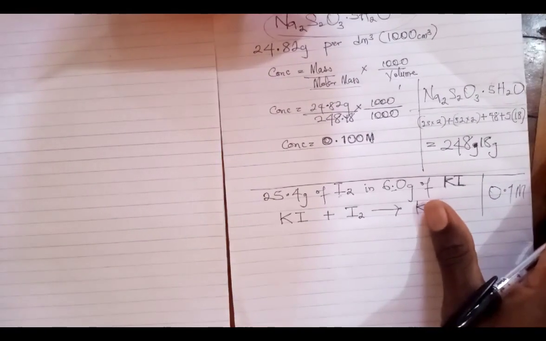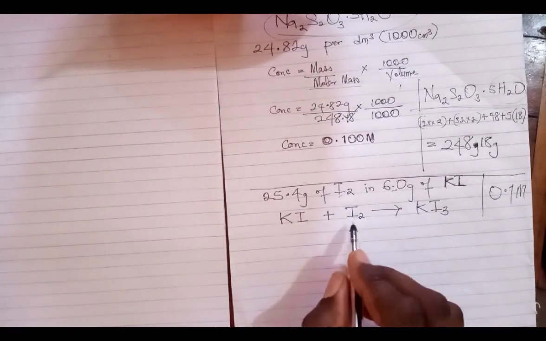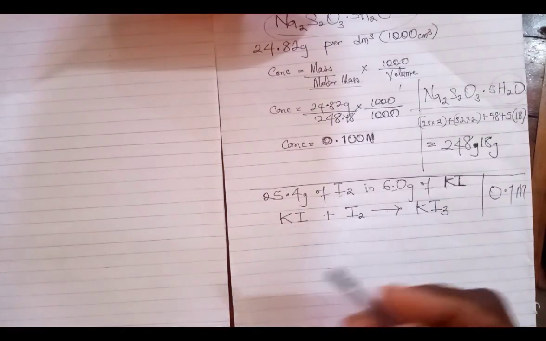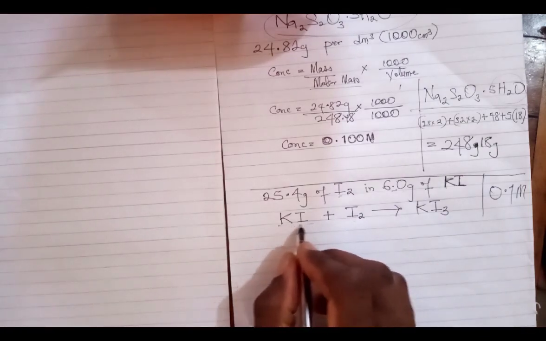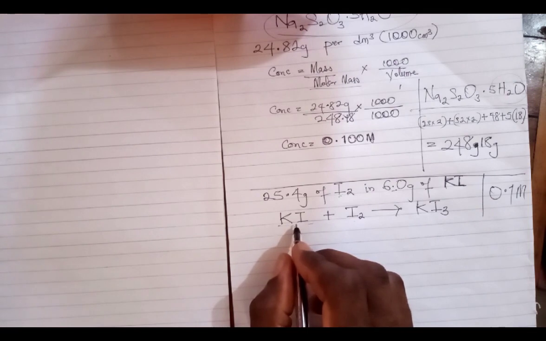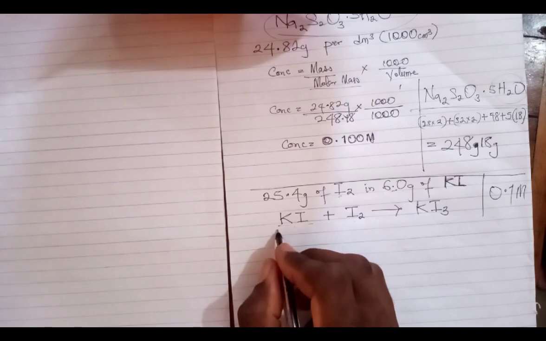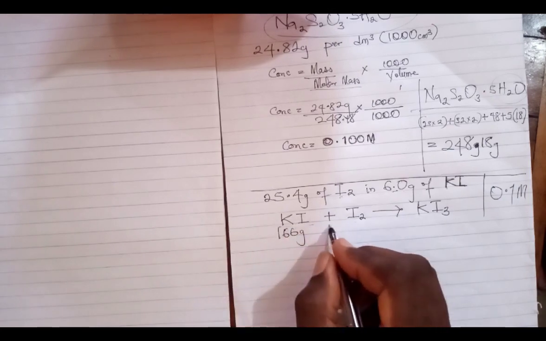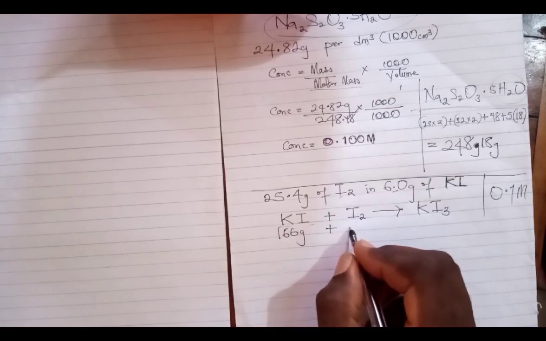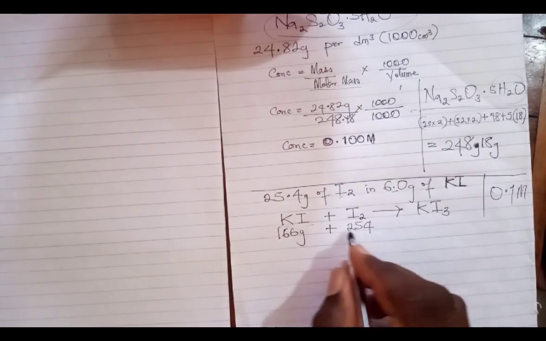According to my own point of view, not all the mass will dissolve. From the stoichiometry of the reaction, we can get the amount that will be dissolved. If you calculate the mass, 166 grams of potassium iodide react with 254 grams of iodine.